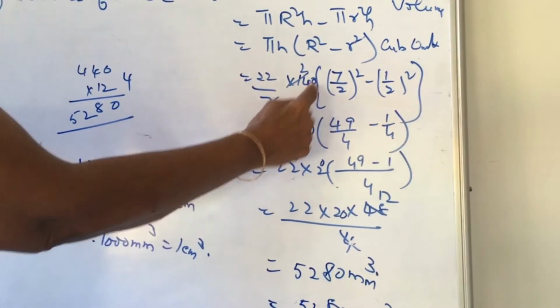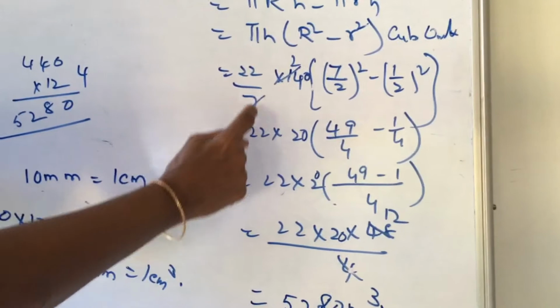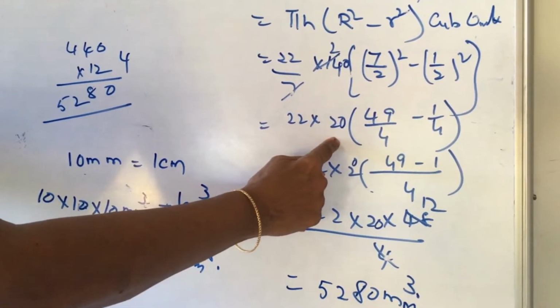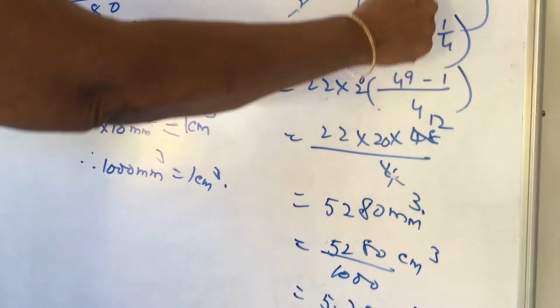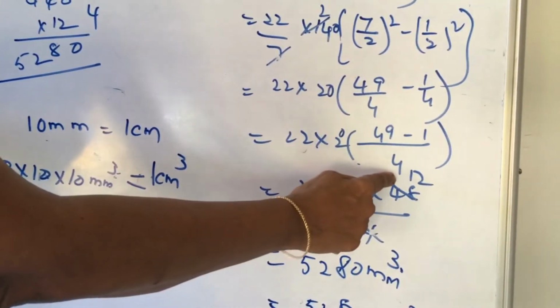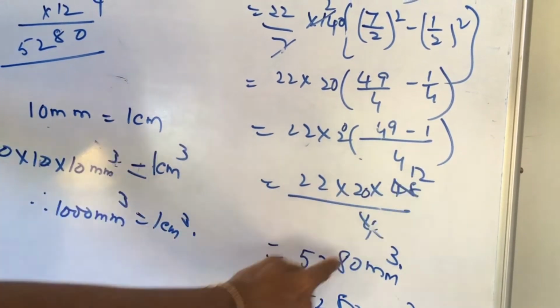H is 140, capital R is 7 by 2, small r is 1 by 2. 7 divides 140 how many times? 20 times. 7 by 2 the whole square is 49 by 4, 1 by 2 the whole square is 1 by 4. Common denominator 4, 49 minus 1 is 48.